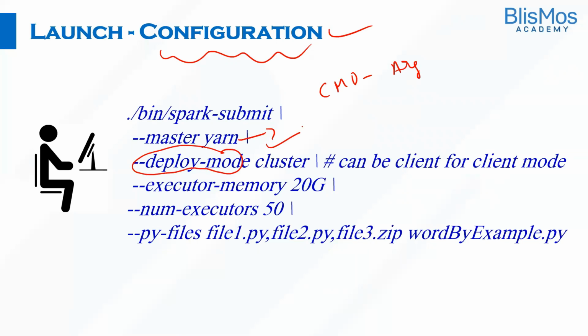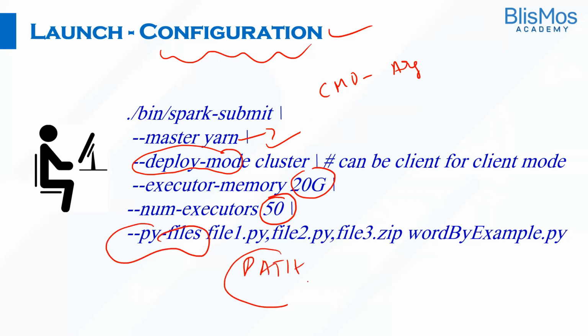Is it cluster mode or client mode? What is the executor memory? How many executors would you need? And you can also specify the files with the path as well. This configuration should be set by the user during the submission of the Spark application.